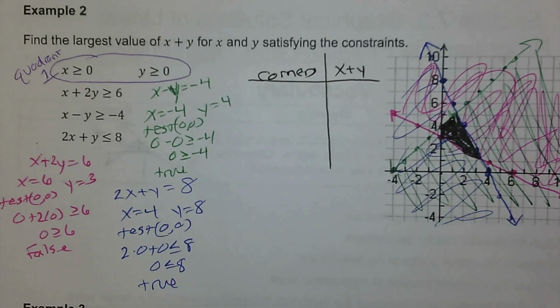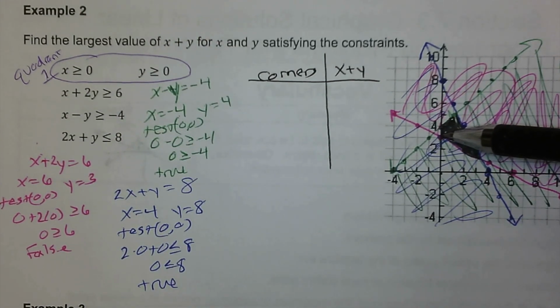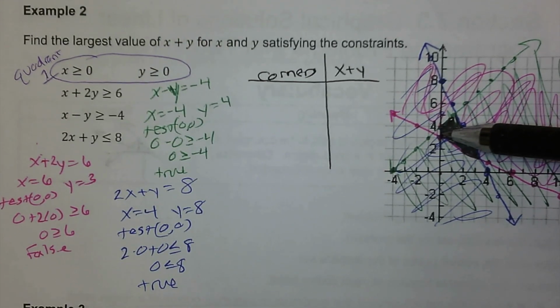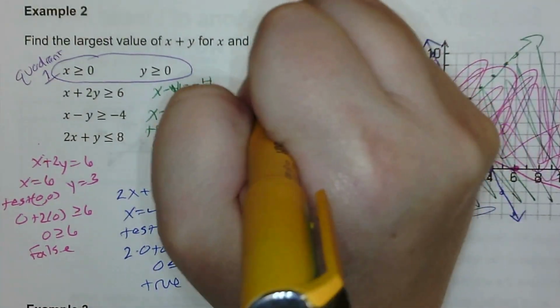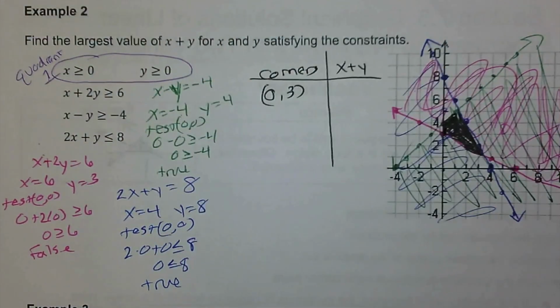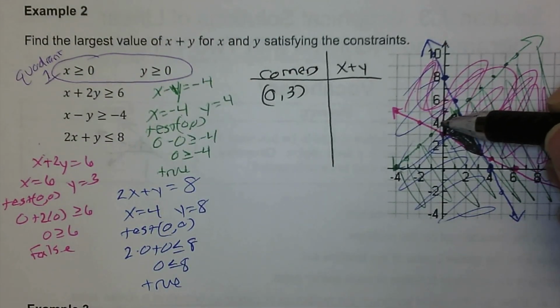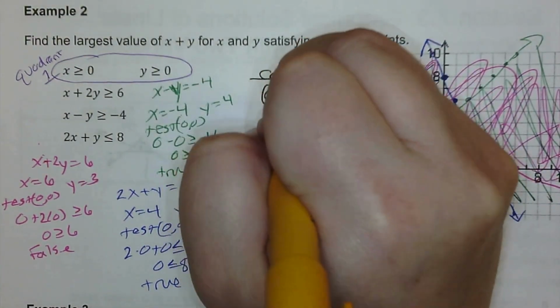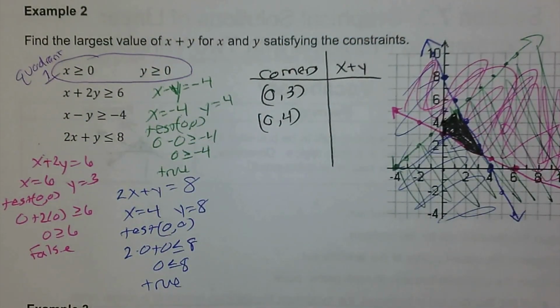Are any of the corners easy to identify? Well, this corner right here was actually a point on our graph. Because we used the intercept method, that is the point 0, 3. And right above it, again using the intercept method, we got 0, 4 as a corner point.